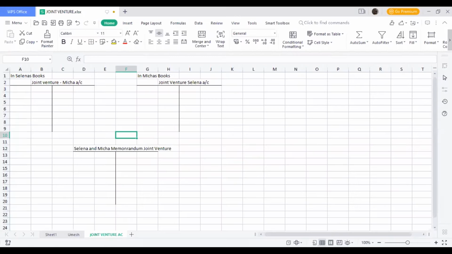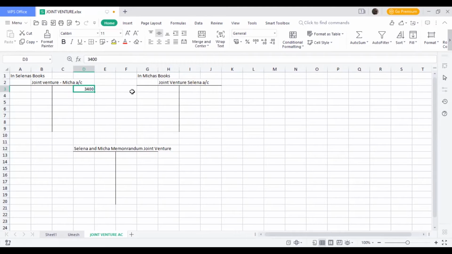So Selena and Misha have transferred the goods. What is the goods value we're going to take? 3,400. Selena has transferred 3,400, so in Misha's account, Selena has done 3,400 with the joint venture.